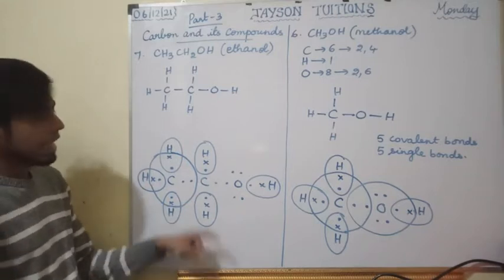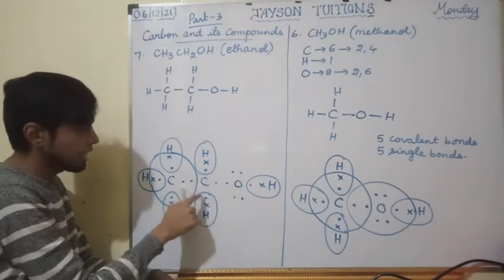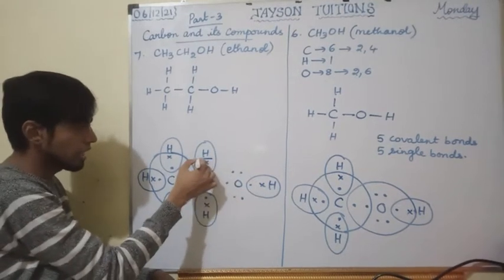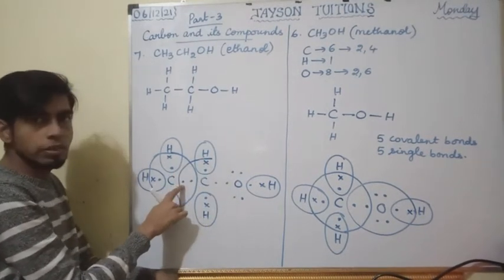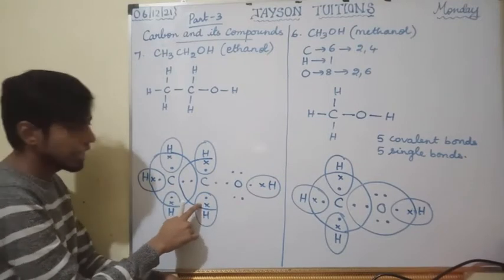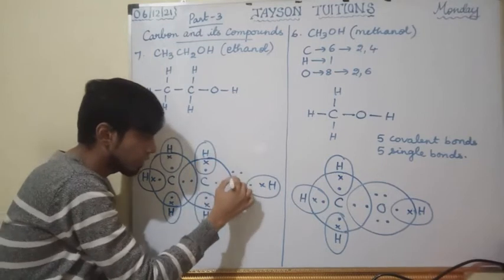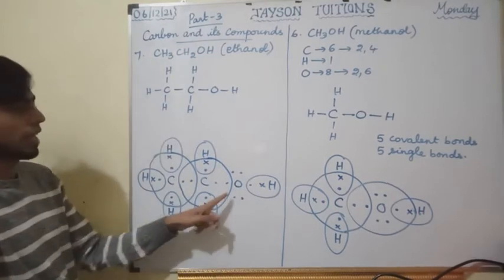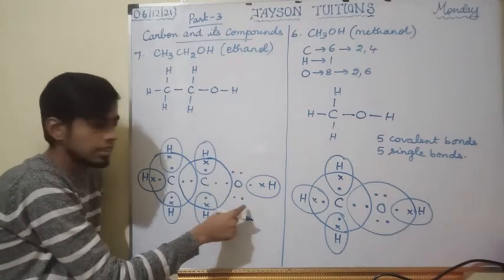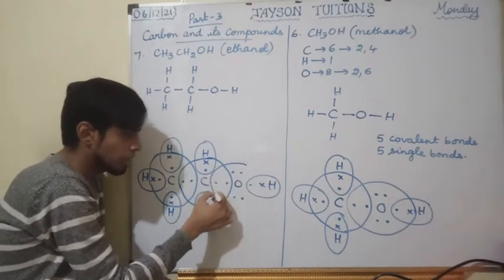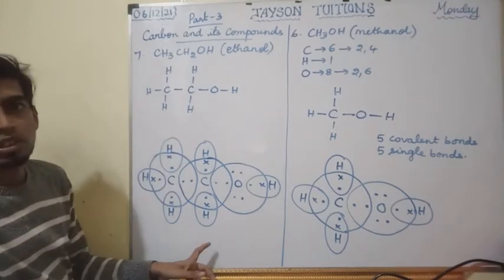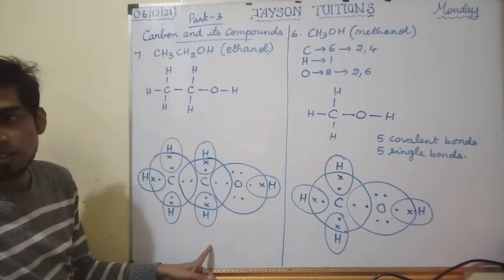Okay, and coming to this carbon, already it is having 4 electrons, 5th electron from this hydrogen, 6th electron from this carbon, 7th electron it will share from this hydrogen, and 8th electron from this oxygen. And coming to oxygen, it is already having 6, 7th electron from carbon and 8th electron from hydrogen. So this is my electron dot structure for ethanol.